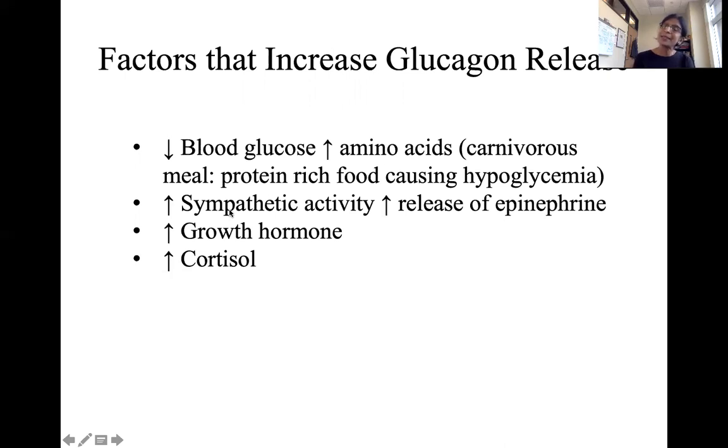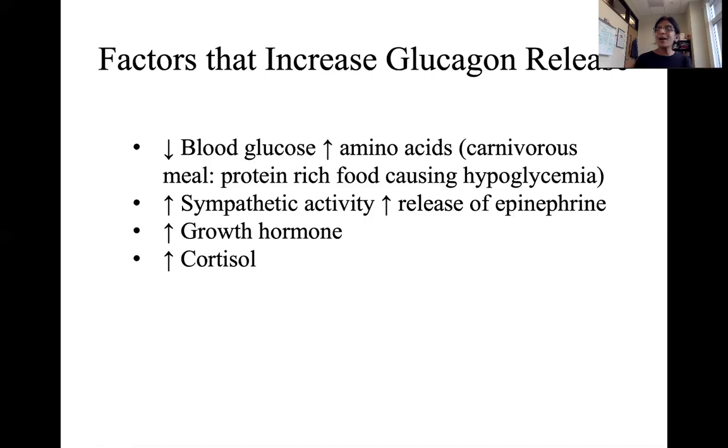Remember that insulin secretion is increased during parasympathetic activation. Here it's the opposite. Increased sympathetic activation increases the release of epinephrine and therefore increased release of glucagon. All right, increased growth hormone increases glucagon, increased cortisol increases glucagon.